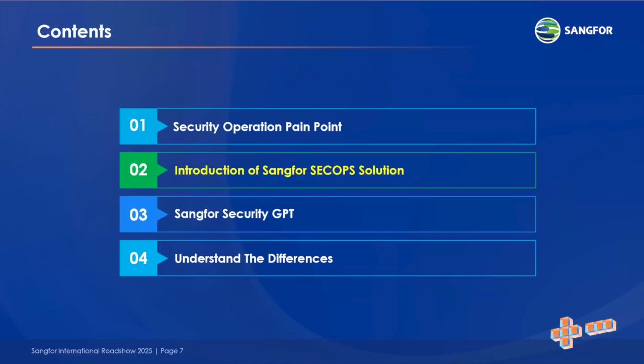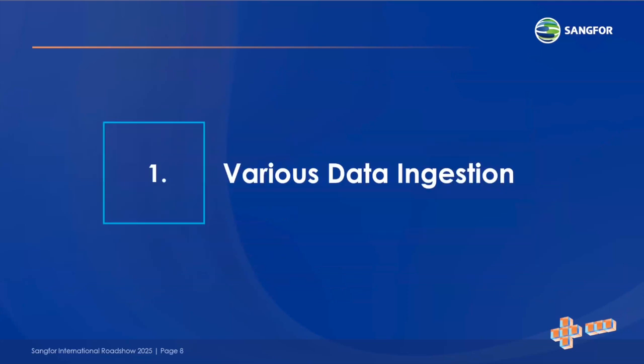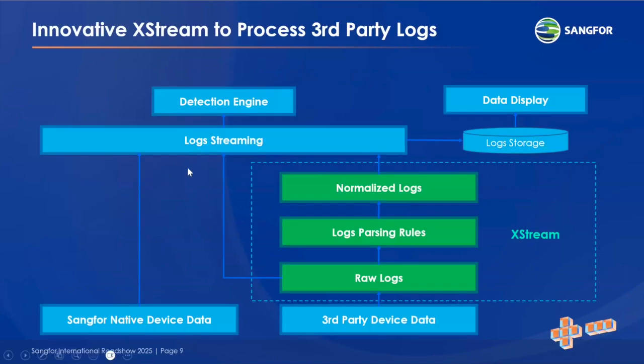The second part, I will talk about our solution's main functions. Divided into, I think, 8 parts. I will tell it one by one, but not very long. The first one is data ingestion. So third-party data from the raw log, we will do the parsing, and we will normalize the logs into a single standard.